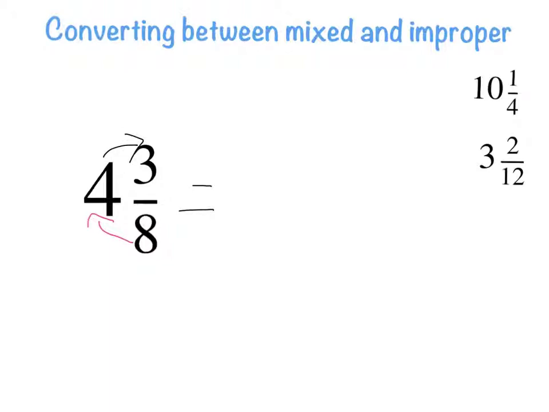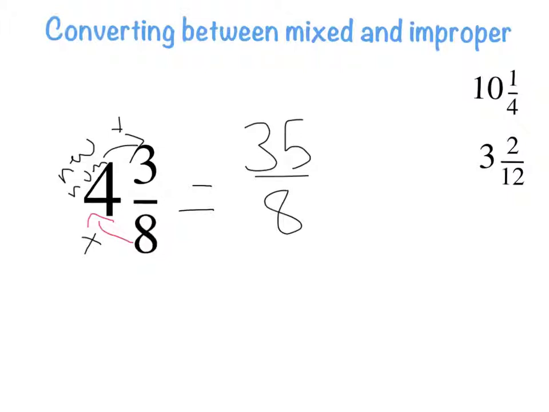So it becomes 32 plus 3 is 35 over 8. So the first step is that I multiply, and then with that new number, I then add my numerator. So 8 multiplied by 4, 32, plus 3 becomes 35.